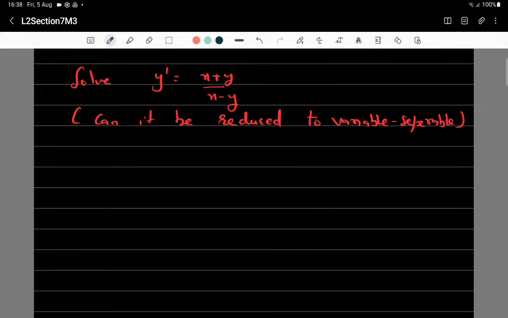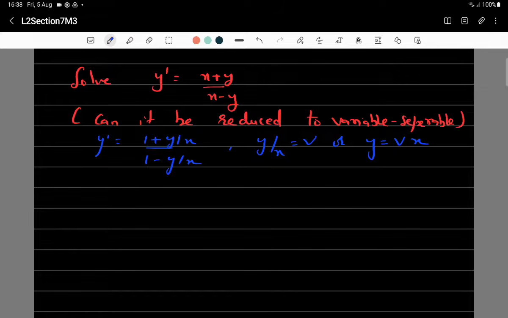Okay, so this equation can be written as y' = (1 + y/x)/(1 - y/x), and then I can put y/x = v, or y = vx. Why the substitution works, we will discuss later, but let's first try to solve it.